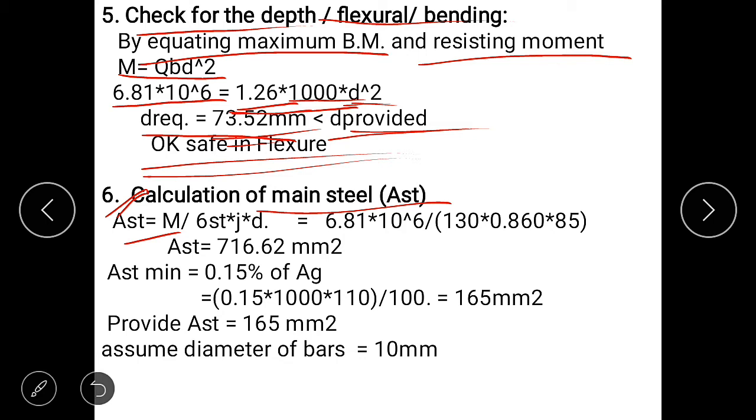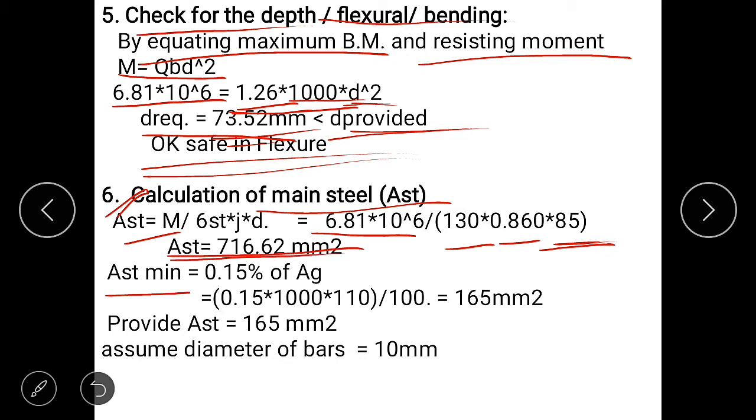So the moment is 6.81 into 10 to the power 6 divided by sigma ST is 130, the permissible stress in steel in tension zone. J, the lever arm factor, is 0.86, already calculated in second step. And D, the effective depth of slab, is 85. So AST is 716.62 mm square.